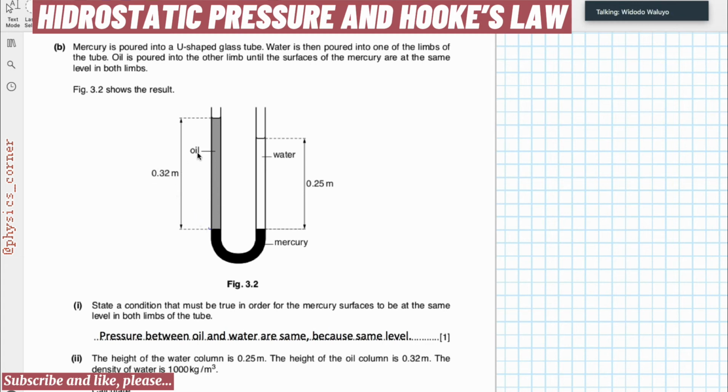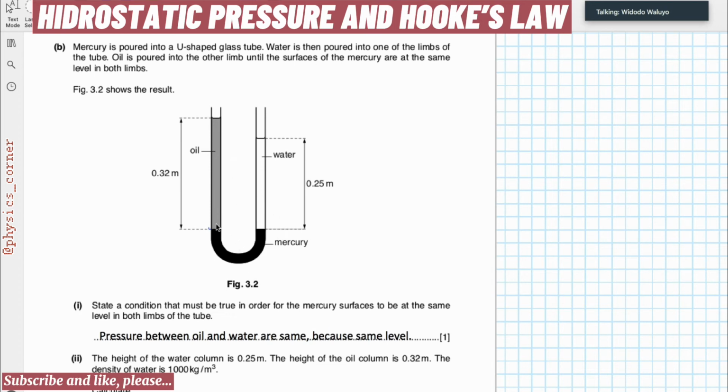0.32 meter for the oil and 0.25 meter for the water. So, question I: state a condition that must be true in order for the mercury surfaces to be at the same level in both limbs of the tube.